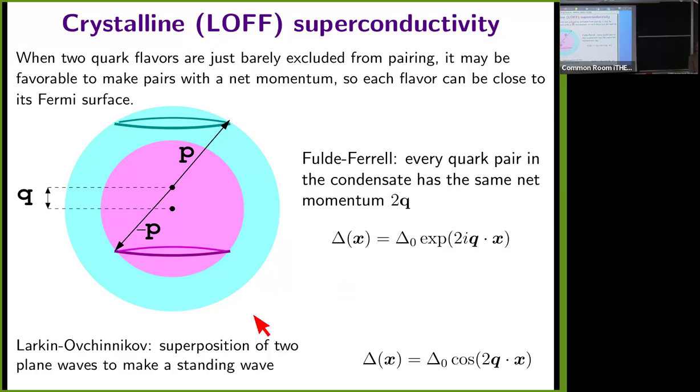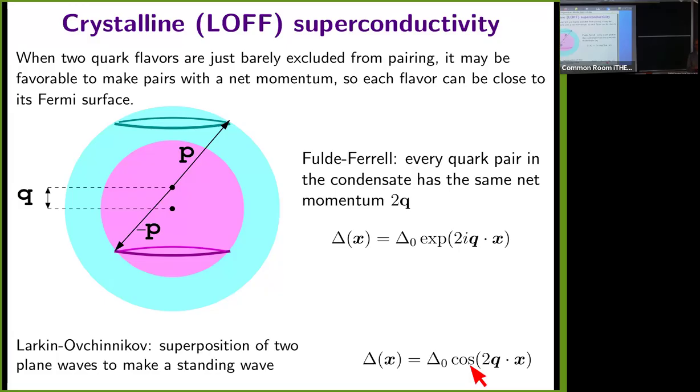The Larkin-Ovchinnikov part is to say, well, suppose you take a superposition of two of these with q in the opposite direction. So then I would be pairing strange quarks on a circle here with down quarks on a circle here, just flipping the whole thing along the z-axis, and then I'd get e to the 2iq plus e to the 2i with minus q, and if you add those up, that gives you a standing wave, a cosine modulation of the condensate.